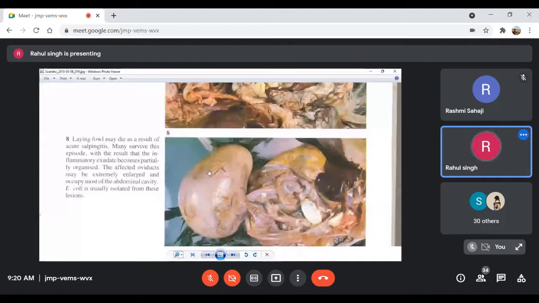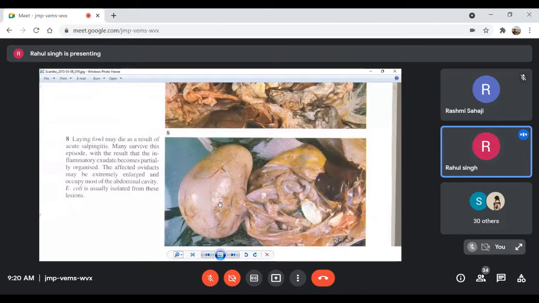This is the part of the oviduct where ova got stuck, and over that layer after layer of exudate got deposited, and it grew in size, becoming a large area. Egg bound condition.